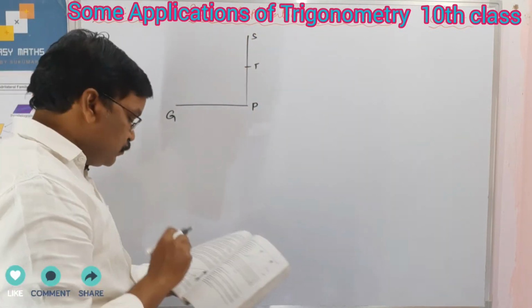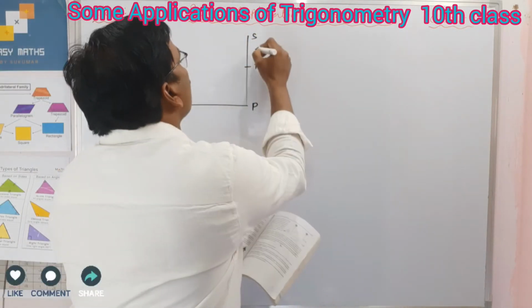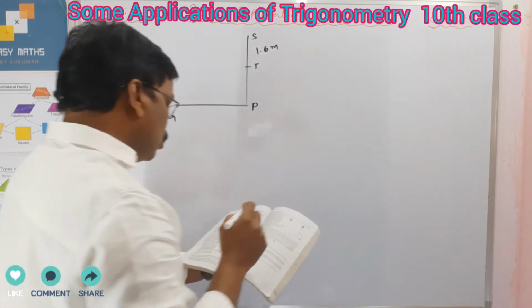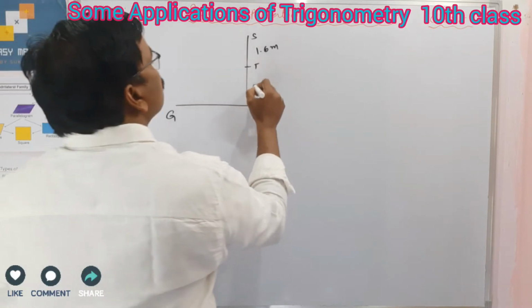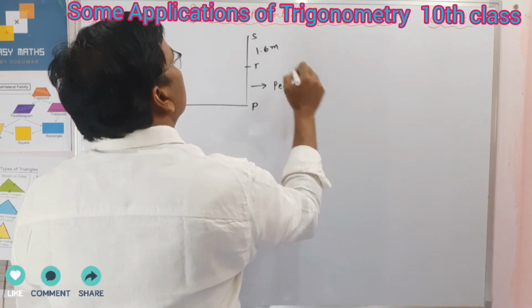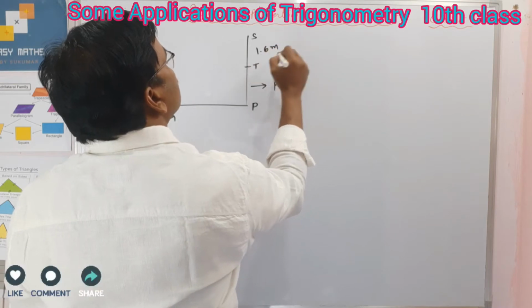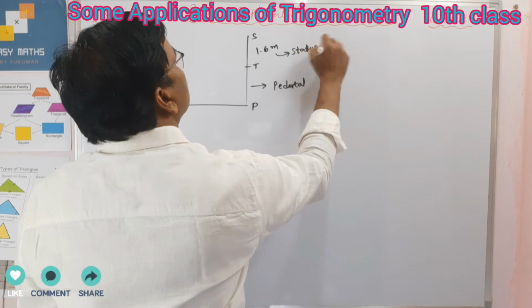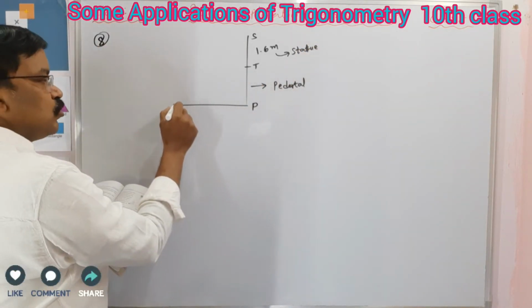The statue. This statue 1.6 meters tall stands on the top of the pedestal. So my dear students, this is the pedestal, and this ST is a statue. Okay. So this is a point on the ground here.